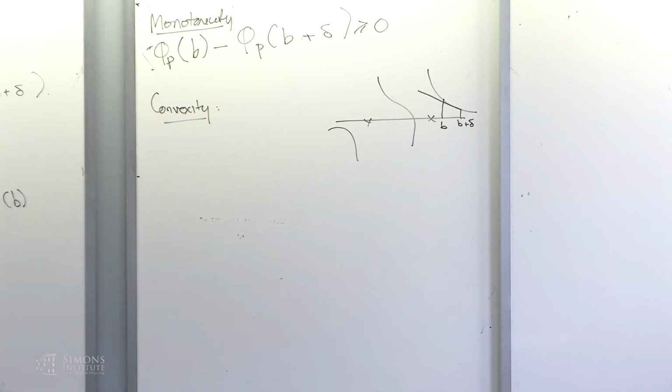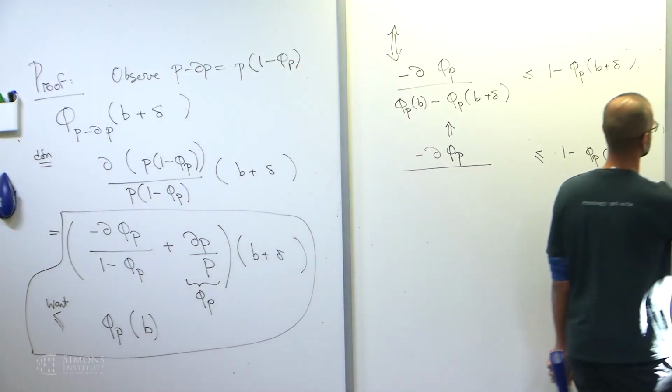In particular, this inequality is implied by an inequality I get if I replace this by a smaller quantity, which is the linear approximation. So this is implied by the inequality minus the same thing, but now I replace this with the linear approximation. What is the linear approximation?